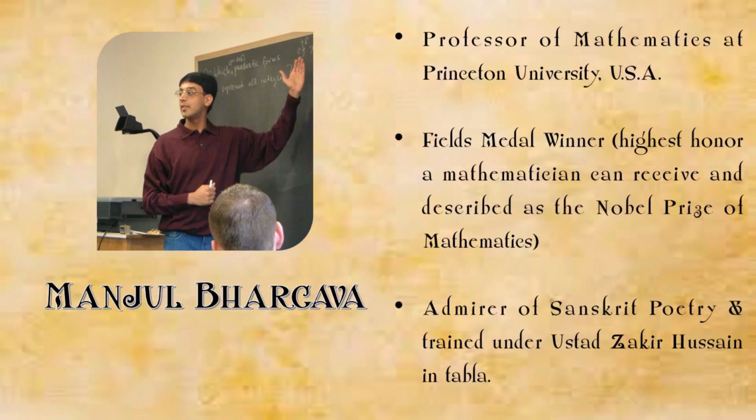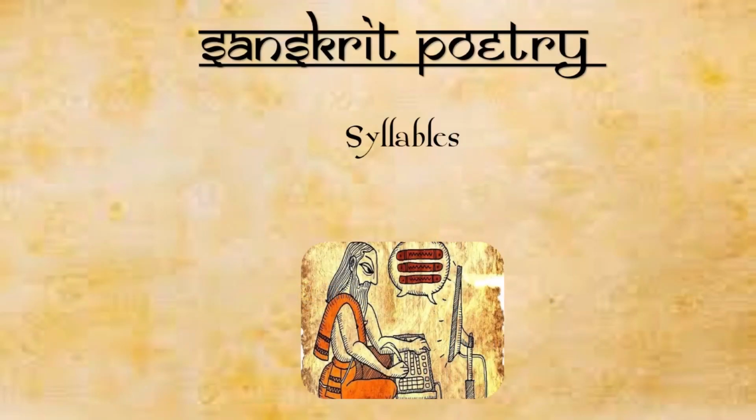Now, I came to know about this topic while he was giving a lecture in a school in India. And Professor Manjul, being an admirer of Sanskrit poetry, brought this forward in such an interesting way. You will see in just a couple of seconds. The basic constituent of Sanskrit poetry is syllables.